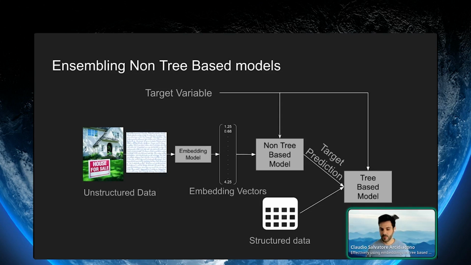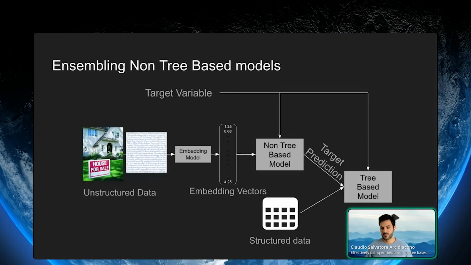If you look at, for example, a logistic regression or a small neural network or a support vector machine, they are able to look at embeddings all at once and are able to, for example, associate a weight to each embedding dimension. They don't suffer from the same problem that tree-based models have.